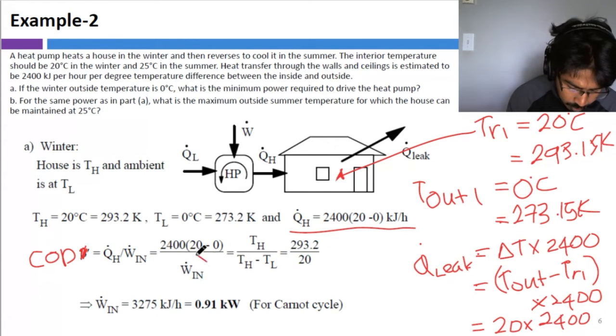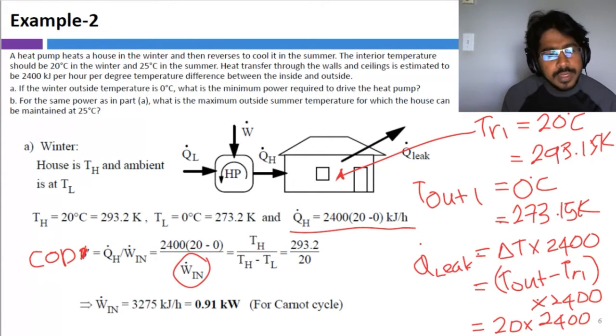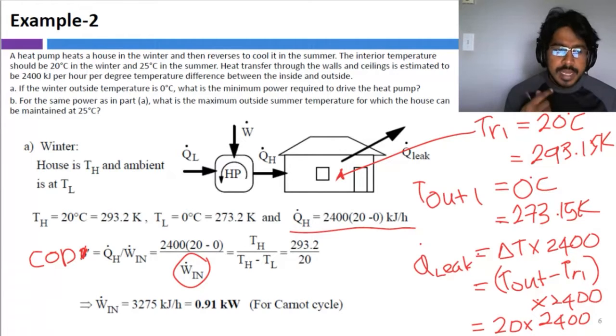Minimum power. For a heat pump, when do we get the minimum power requirement to produce a given heat? When do we get the minimum power to produce the given heat? In simple terms, if it is a reversible device, or in other words, if it is a Carnot heat pump, then we can get the best work output for the given input, right?